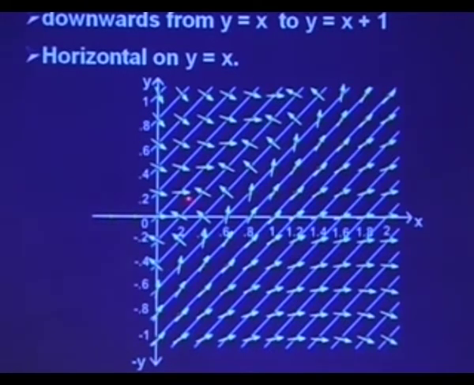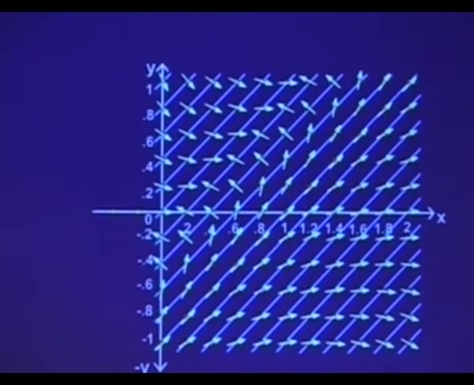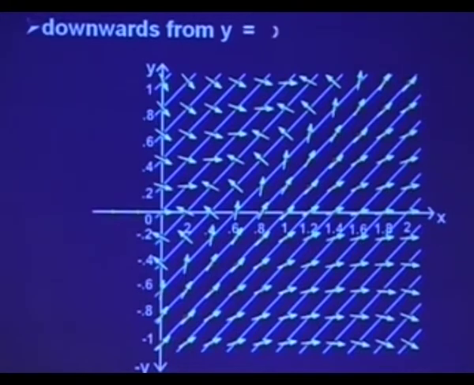What it says is that whatever the curve is, it is changing its direction at the line y is equal to x, it is changing the direction at y is equal to x minus 1. Moreover, it is downwards from y is equal to x minus 1 to y is equal to x minus 2, all these are downwards.